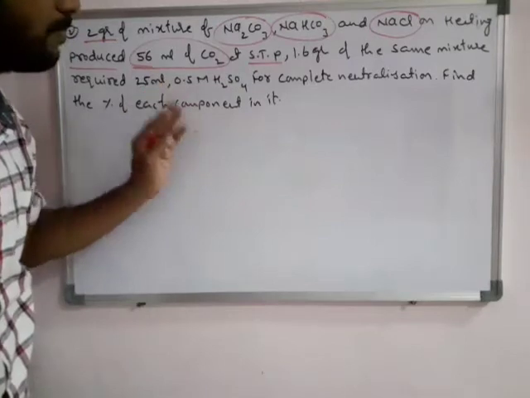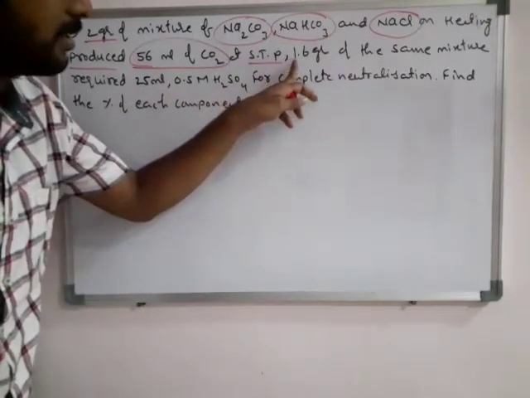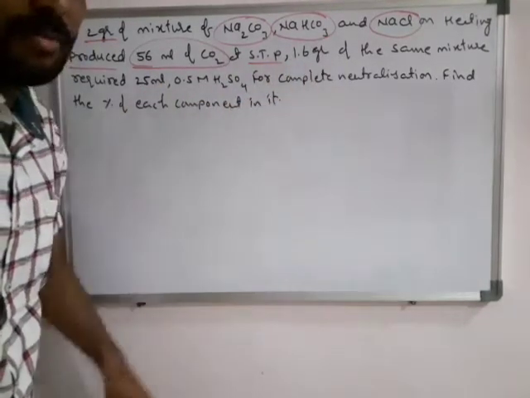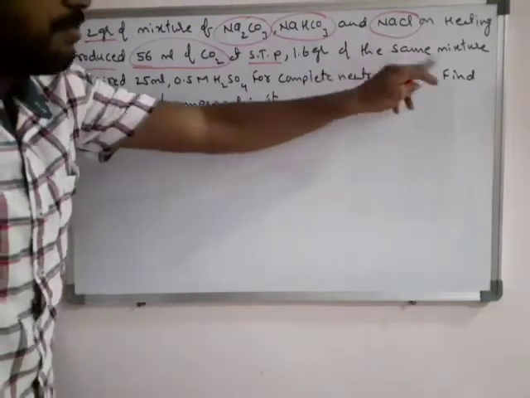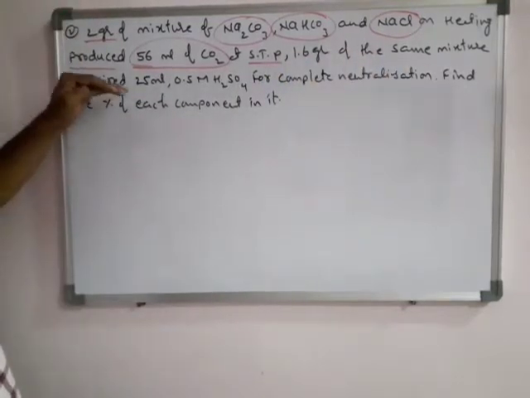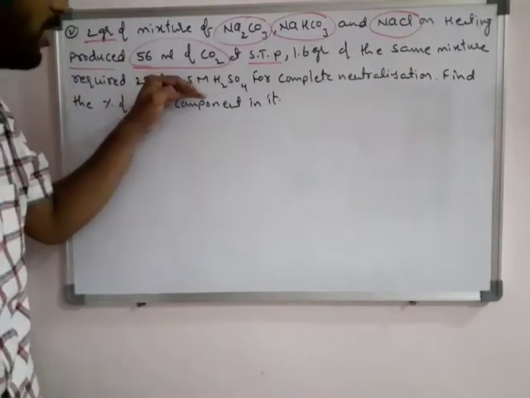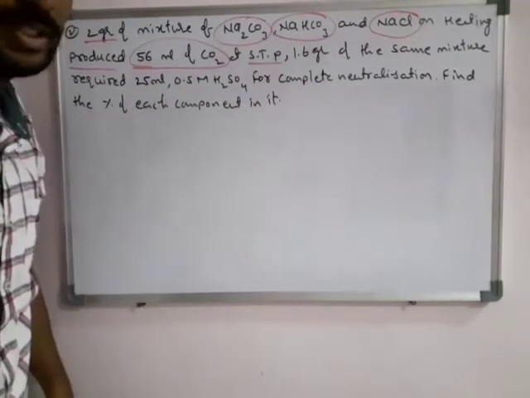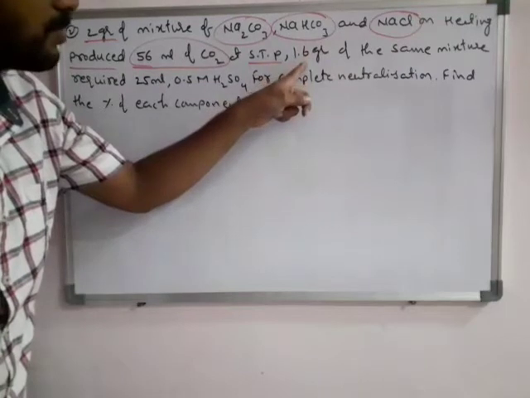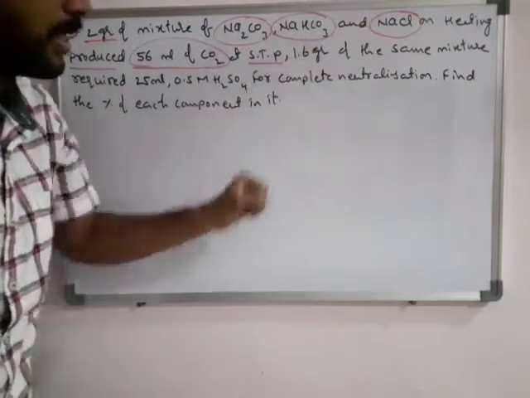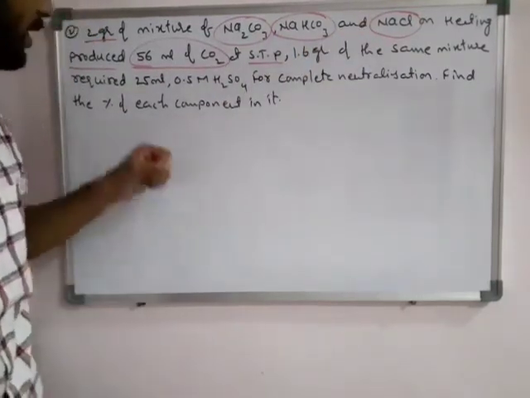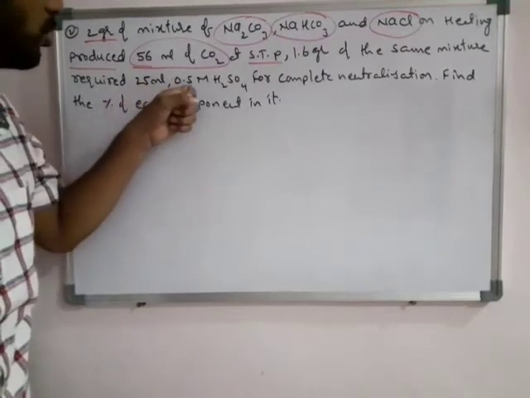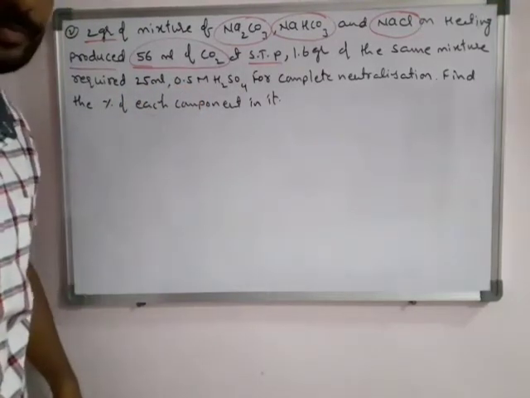Then 1.6 grams of the same mixture needs 25 milliliters of 0.5 molarity H2SO4 for complete neutralization. So to neutralize all the components in 1.6 grams, it requires 25 milliliters of 0.5 M H2SO4.